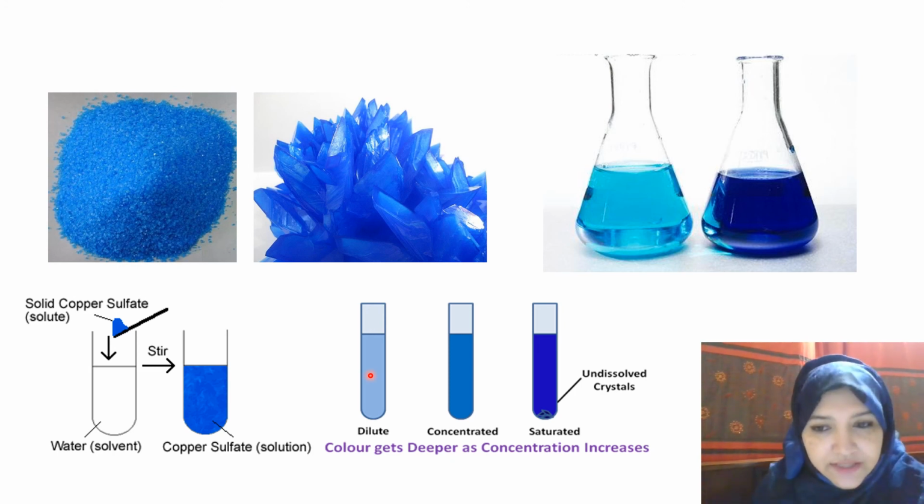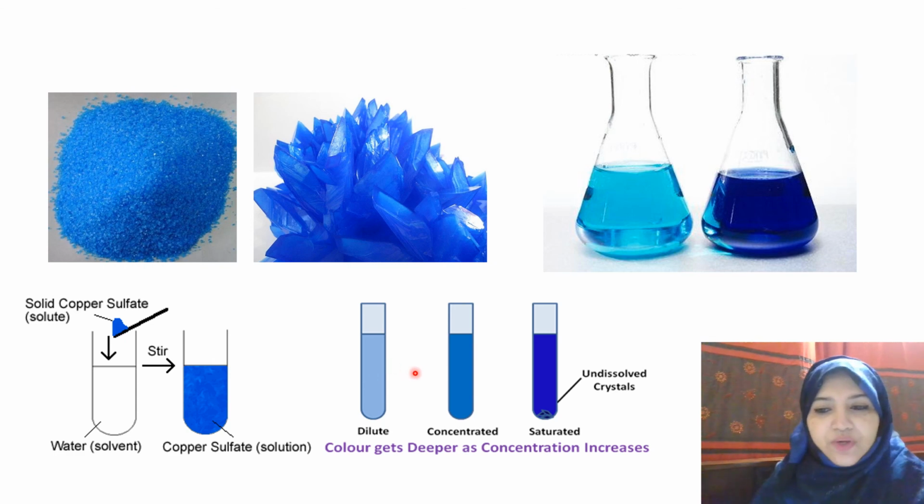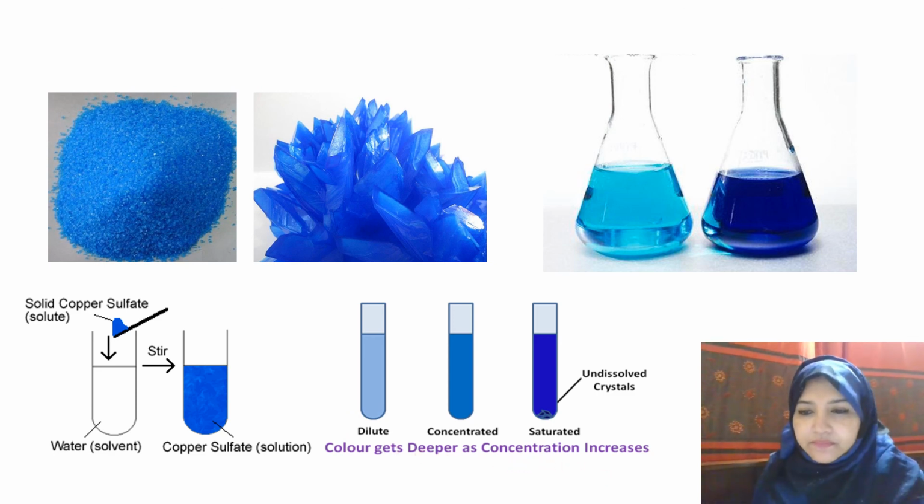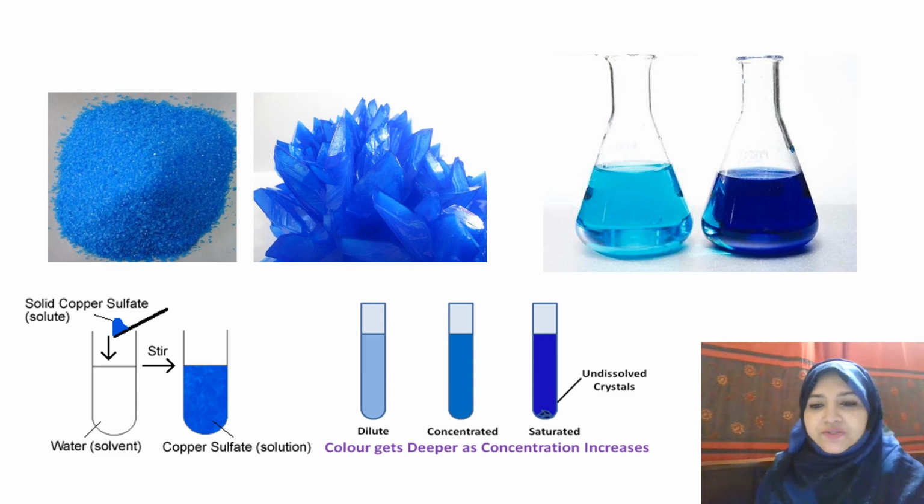In this way, as we increase the amount of copper sulfate, the color of the solutions gradually becomes deeper. We can observe that the color gets deeper as concentration increases. That means the solution has become more concentrated from dilute with the increase in the amount of copper sulfate.